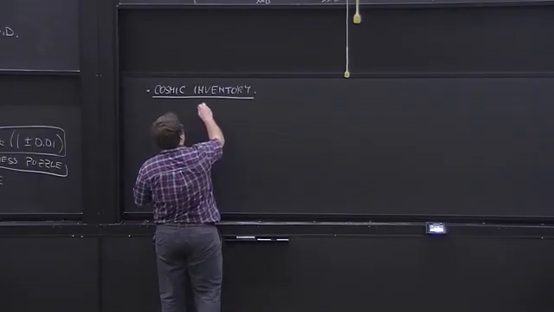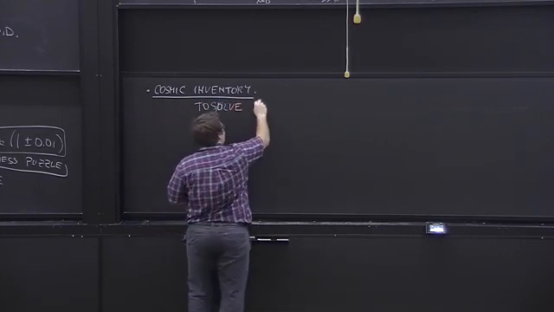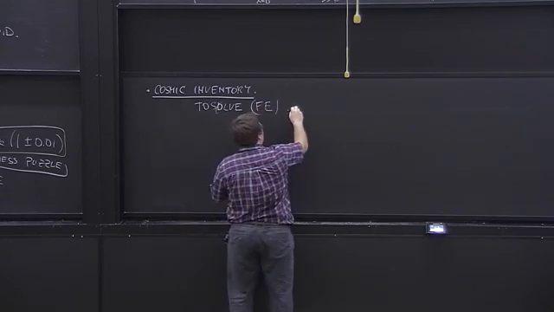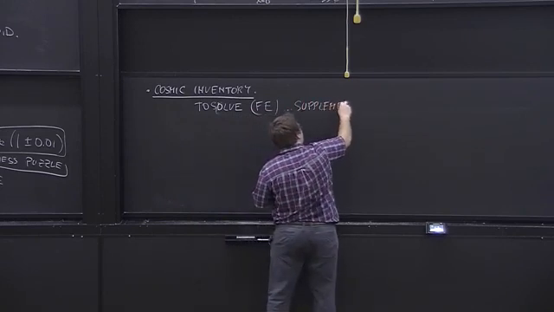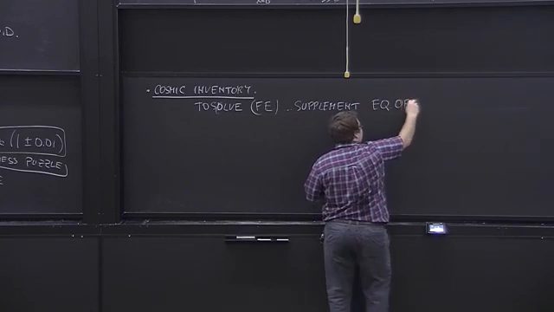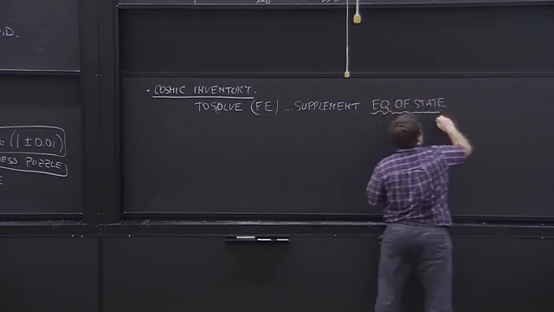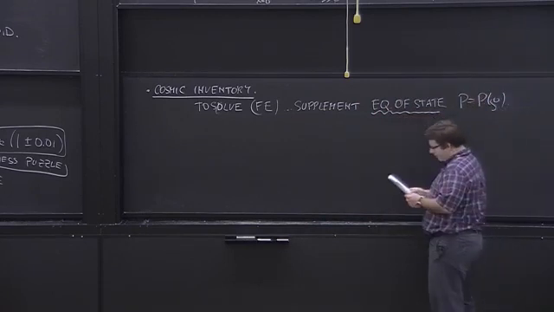Okay, so to solve the Friedmann equations, supplement with an equation of state, which gives you P as a function of rho.